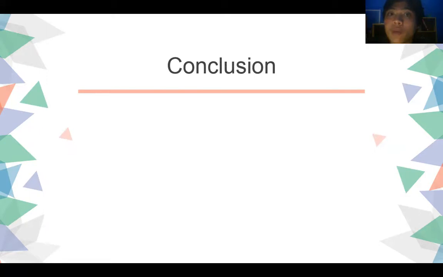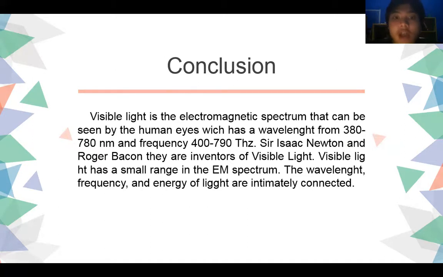The conclusion about my presentation: visible light is the electromagnetic spectrum that can be seen by human eyes, which has a wavelength from 380 until 780 nanometers and frequency 400 until 790 Hz. Sir Isaac Newton and Roger Bacon are the inventors of visible light.